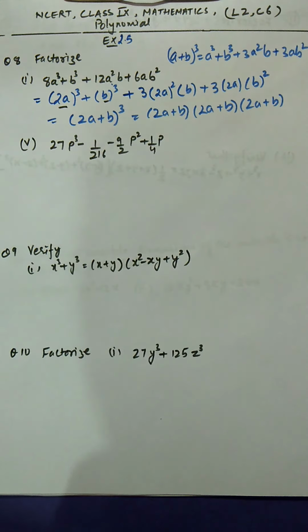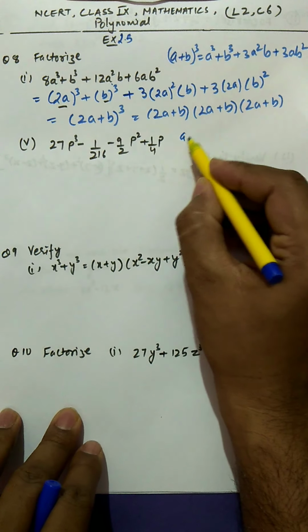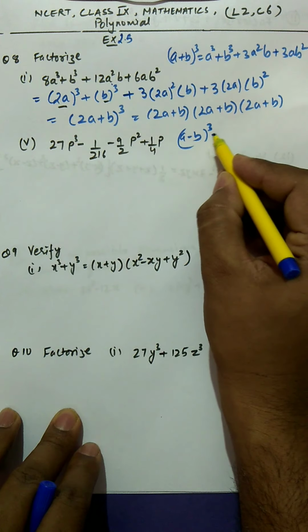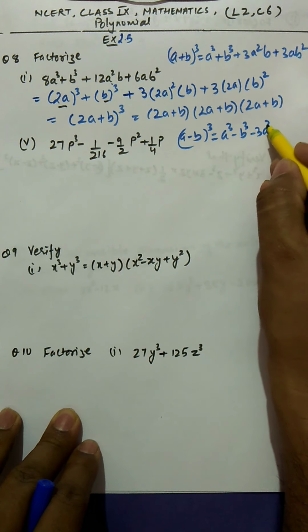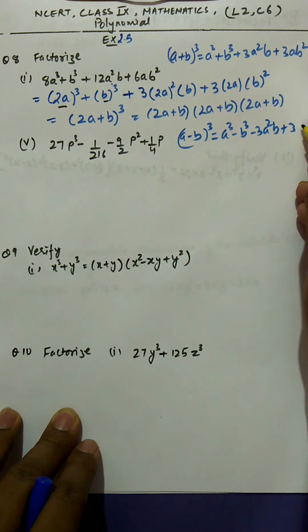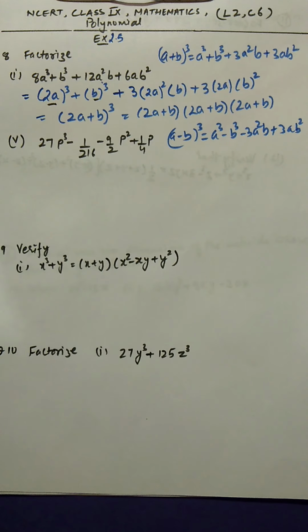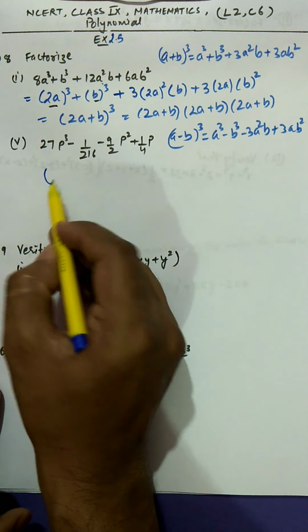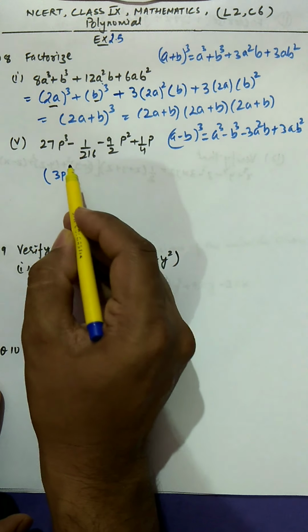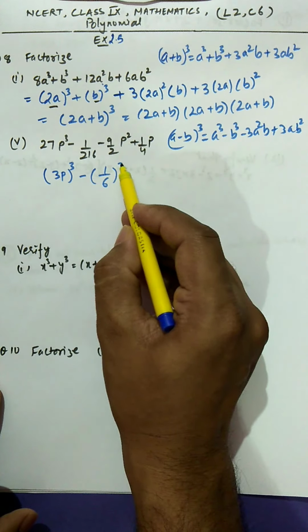Now come to this. This is the important question. Now you know the identity of a minus b whole cube also, that a minus b whole cube is a cube minus b cube minus 3a square b plus 3ab square. So if you know the identity, you can apply this here. You see, in place of a you can see this is 3p whole cube, and in place of b this is 1 by 6 whole cube.